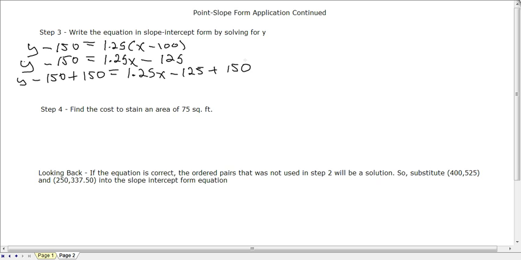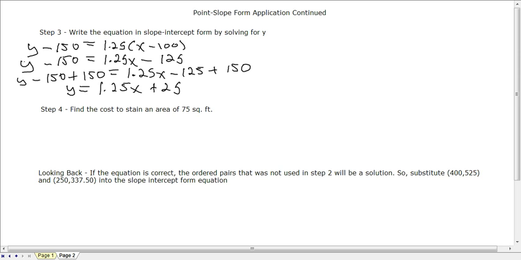Our 150 and 150 are going to zero out, leaving us with y on the left is equal to 1.25x, and 125 minus 150 is going to give us 25. Excellent. So now we have our slope intercept form.